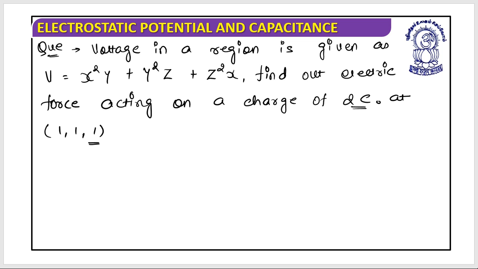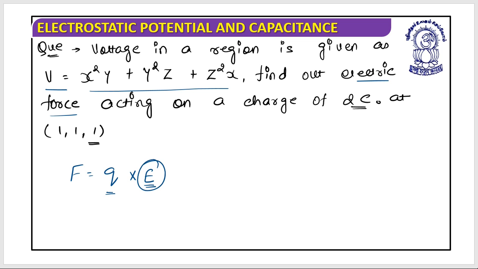Now tell me, how could I do this? First thing, what is given and what all they require. They have given a potential, a voltage at a specific region, and they want us to calculate electric force. So for electric force, I know that F equals Q into E. Now, charge is already given by them, it's 2 coulomb.